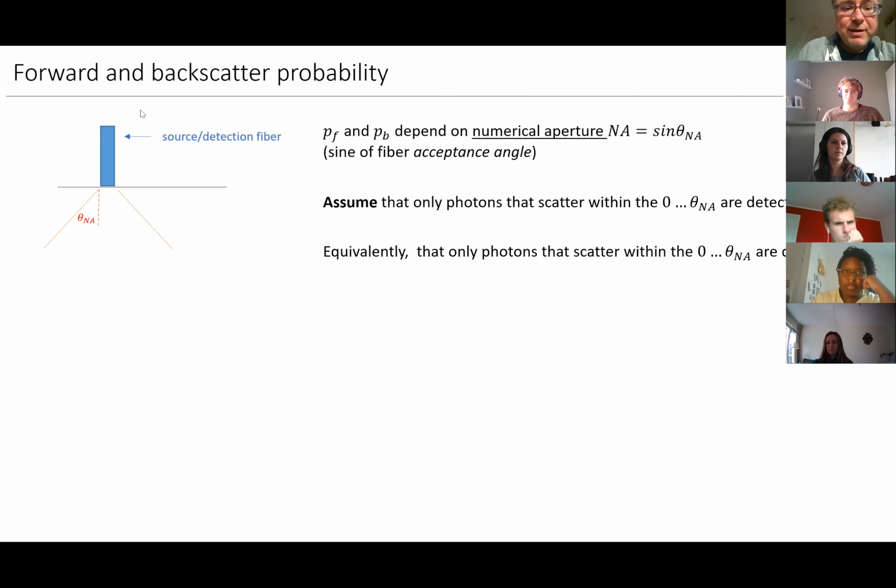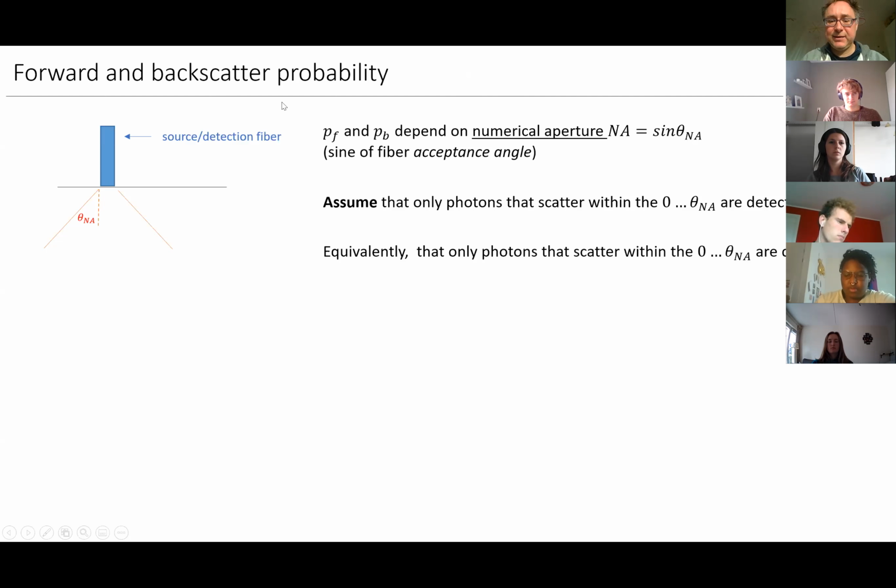Now we can try to give a physical interpretation to this forward and backward scatter probability. If you look at what actually happens in this fiber, because it has a finite size and a certain refractive index profile, not all light that hits the fiber will actually be guided through the fiber.